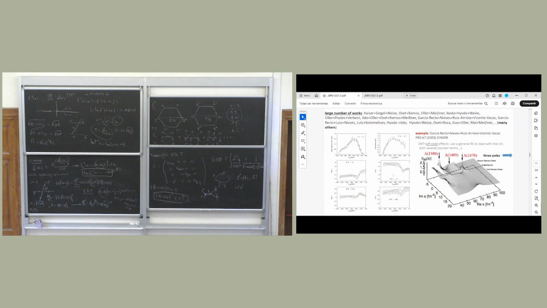We found 3 poles. 2 of these poles are around the 1405 energy, right? That one is narrow. This is much broader. And there was a third pole around lambda, around 1670, okay? And then, well, we also mentioned this yesterday. The K bar N channel is closed, because the K bar N threshold is above, so it's closed.